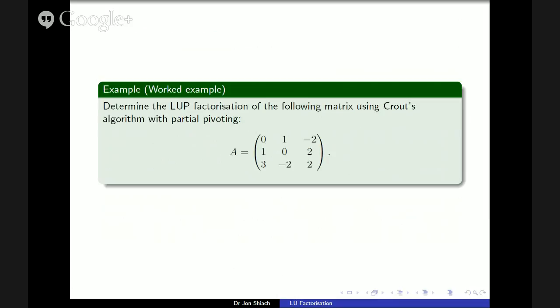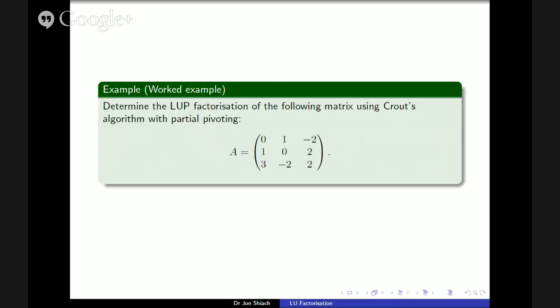Essentially this is the same matrix we had before, but this time we're using Crout's as opposed to elementary matrices. We start with this. I'm not going to bother doing j equals 1 because we don't change any on the first column.